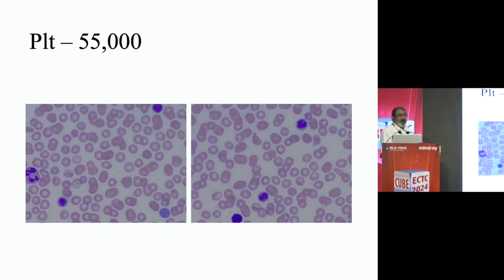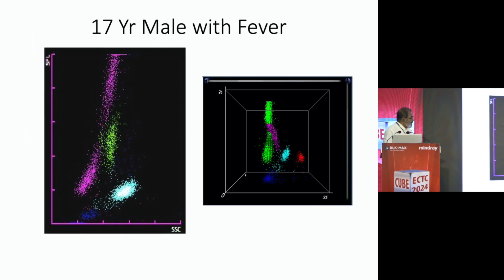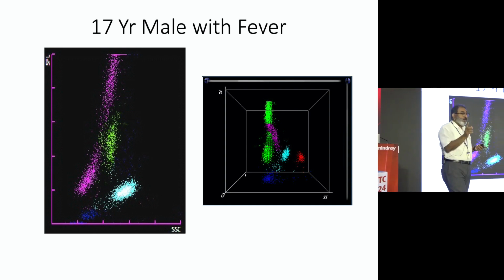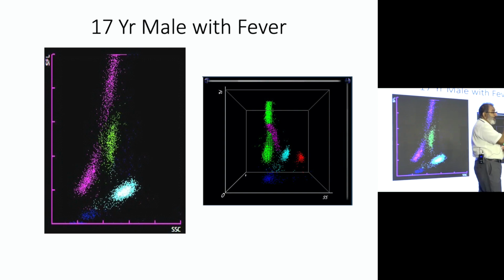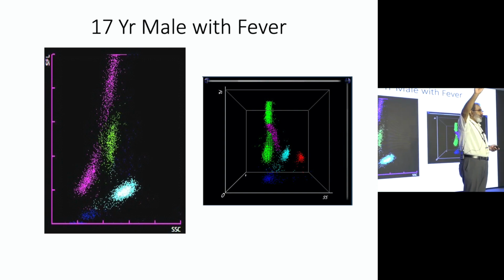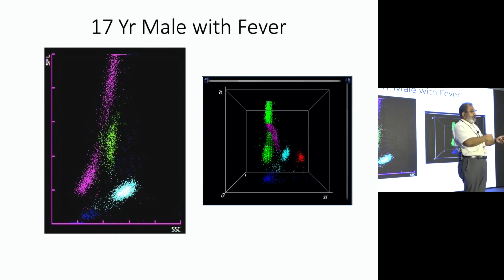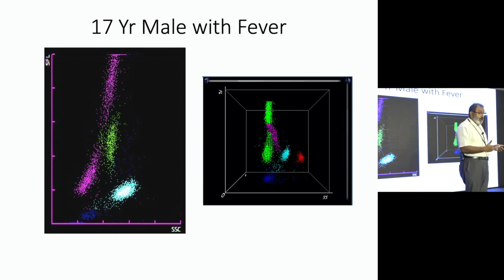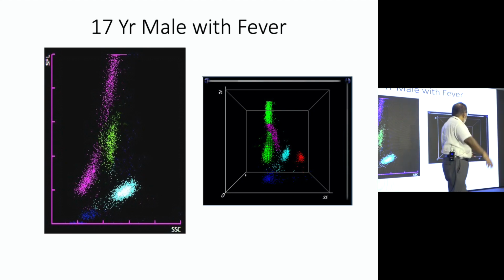So when you have a platelet count of 55,000, where the white cell count is only supposed to be 5,000, they become counted as white cells. So whenever you report the white cell count, please look at the WNR channel. Especially if you are working in the eastern part of India, because there are a lot of large platelets there. A lot of large platelets will go into the WNR channel.